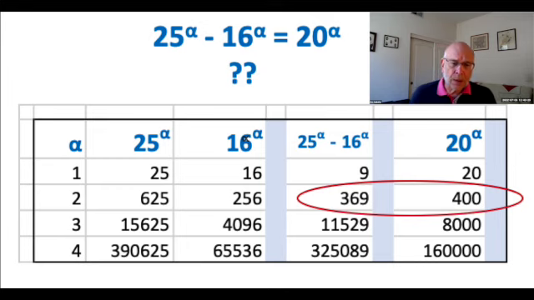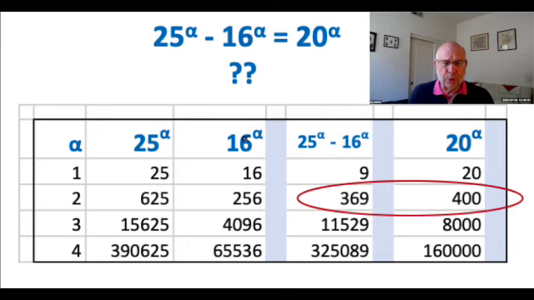So if we think about alpha having a value of 3, we find that the mass of 25, that exponential growth applied to that mass, begins to really outpace everything else that's going on on the board. And so now you can see this differential becomes quite a bit larger than 20 raised to the power 3.